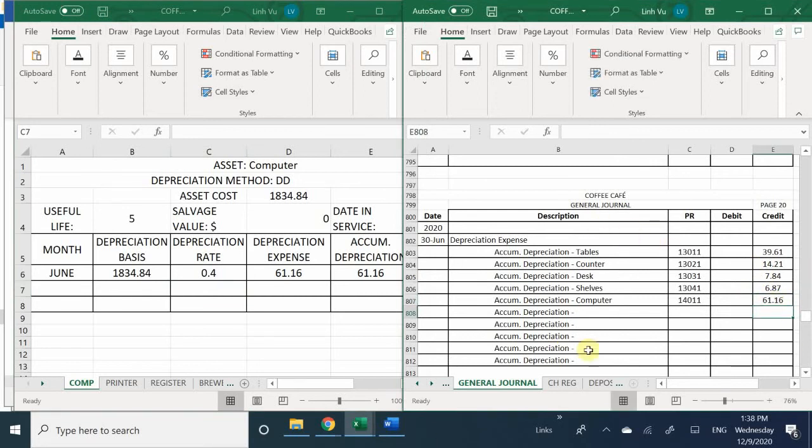Okay. I think I'm going to need a couple more here. After the computer, we have the printer, and that number is 14021.